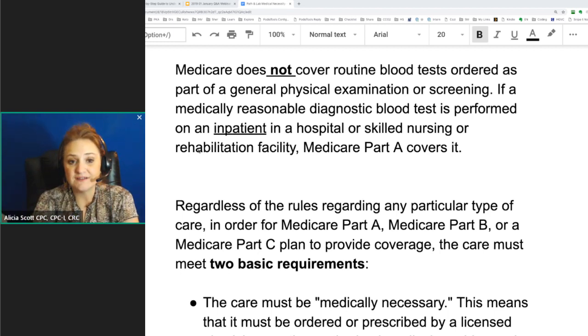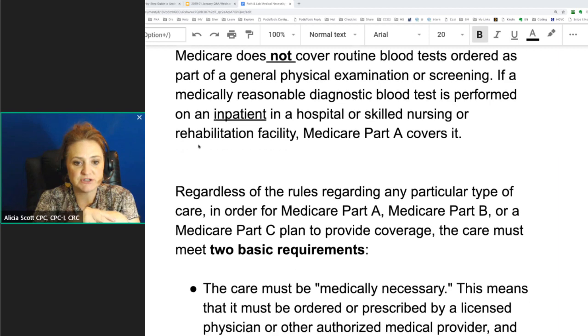And if it's not associated to money, it's like the greasy wheel. Well, we don't talk about it because nobody pays for it, or Medicare doesn't pay for it. However, do know that in a hospital setting or a skilled facility, you could get coverage under Part A in those specific scenarios, if the patient's inpatient.